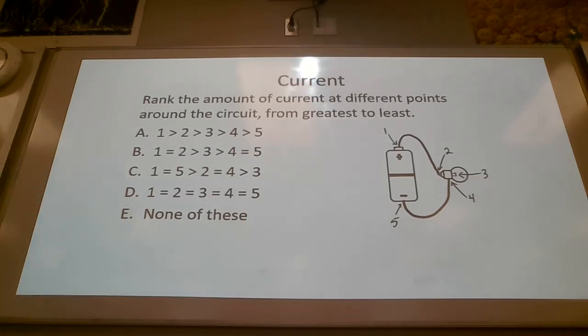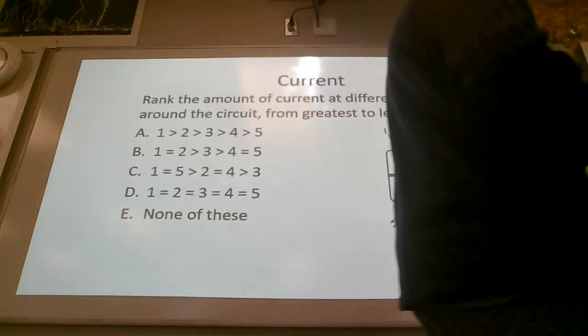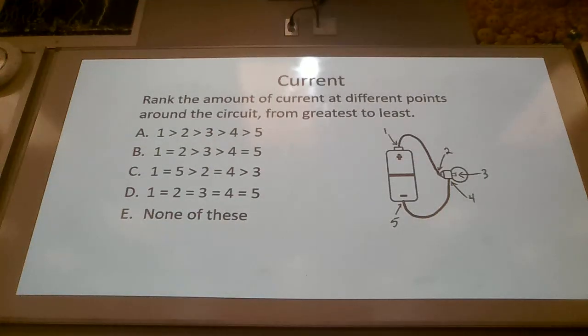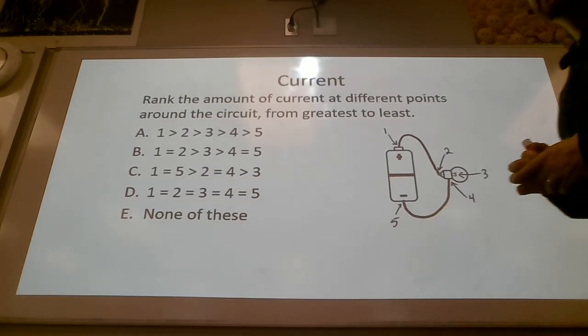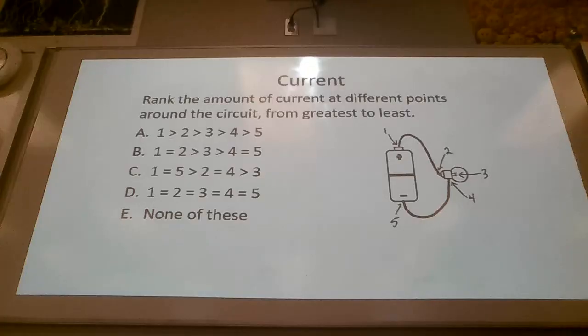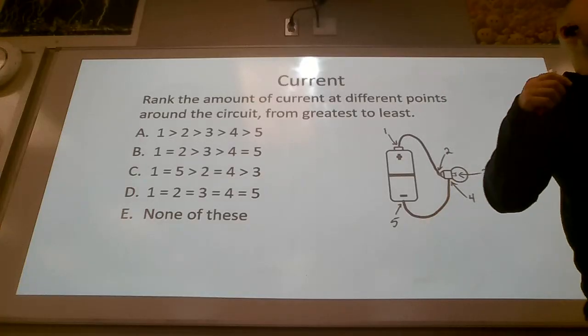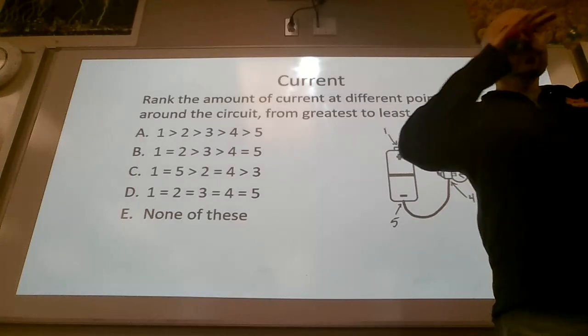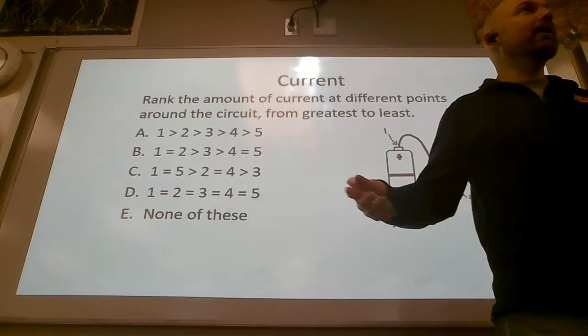Here's why. Current at all points of a river is the same. It's not how fast it's going. It's how much water is going by a certain point every second. In a river, if there was more water coming in than going out, you'd get flooding. If there was more water going out than coming in, you'd get a drought.